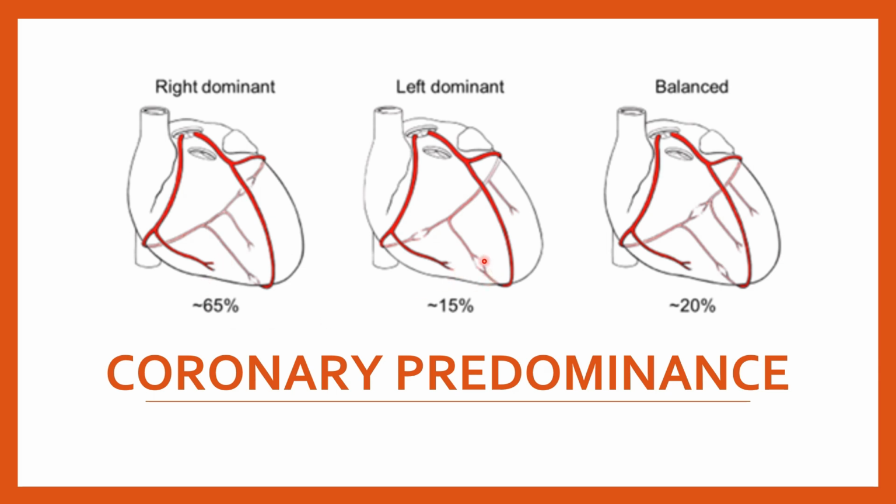A minority of the population has left coronary predominance, where the posterior intraventricular artery is a continuation of the left circumflex artery. And on rare occasions, the posterior intraventricular branches are derived from both the coronaries, that is from the right as well as from the left circumflex here. So these individuals have the balanced type of coronary distribution.